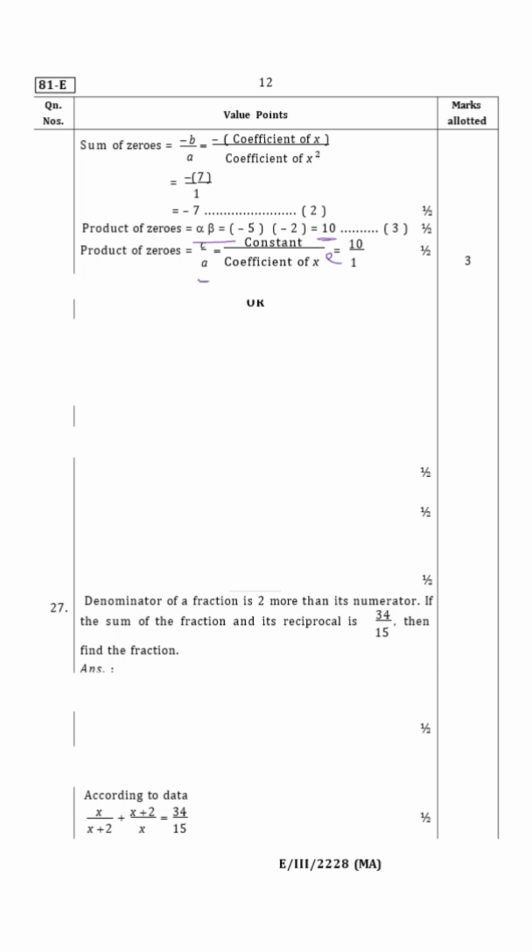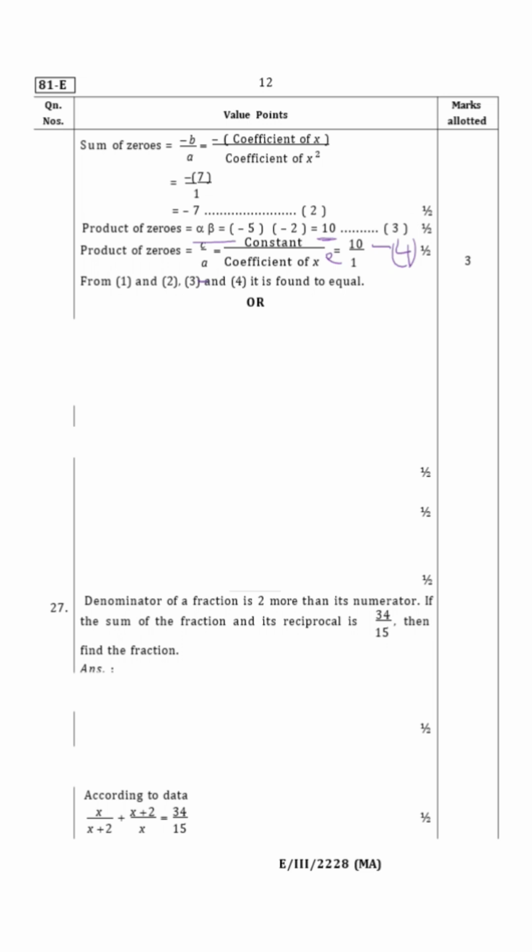So now we have, from 1, 2, 3 and 4, this is equation number 4. We have sum of zeros is equal to negative of b by a, that is negative of 7. Product of zeros is c by a, that is 10. So they are equal. Okay.